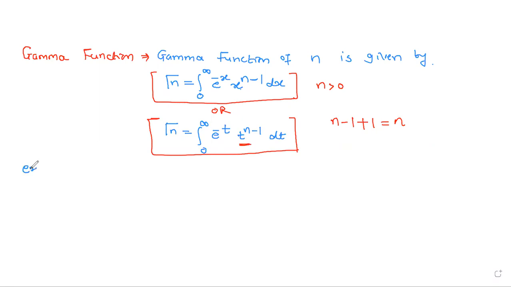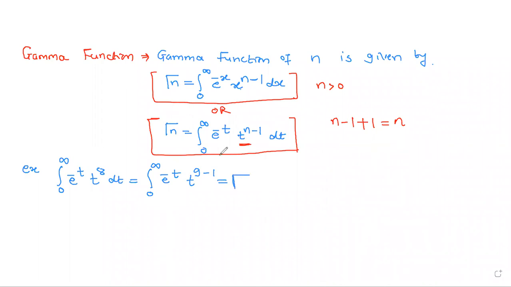So that is how to implement this formula. For example, suppose we write the integration 0 to infinity e raised to minus t and t raised to 8 dt. 8 means 9 minus 1, and 9 minus 1 is like n minus 1. So in gamma function, what will be the number?